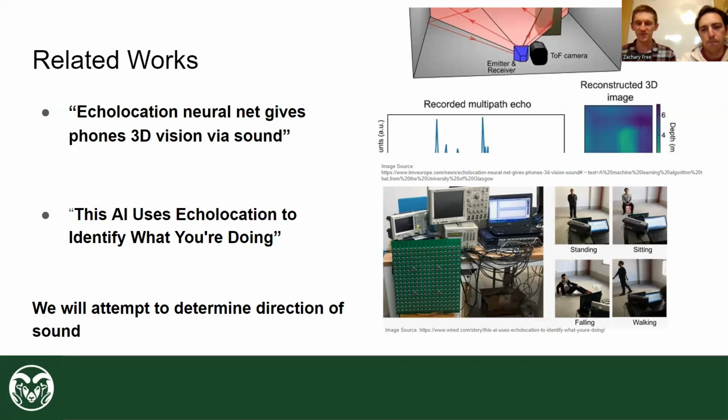There's a couple of applications: one for recreating a 3D image of spatial data based on an emitted sound, and the other one was classifying behaviors in a room: standing, walking, sitting, or falling. We were able to take some of those principles and apply them to our application, which was even, I would say, simpler in theory: determining the direction that the sound is coming from.